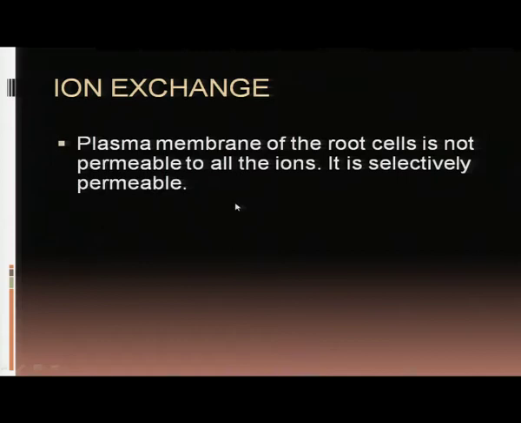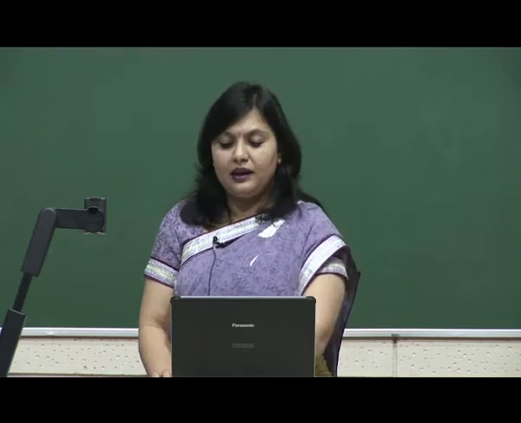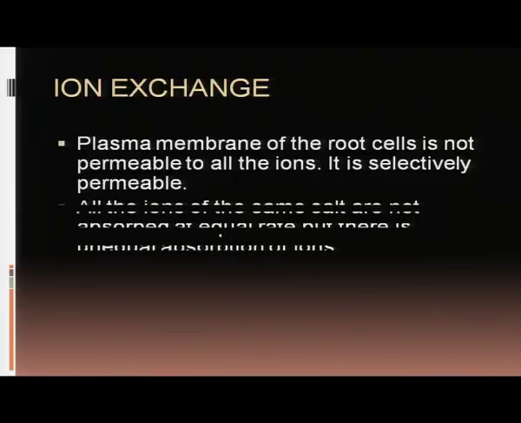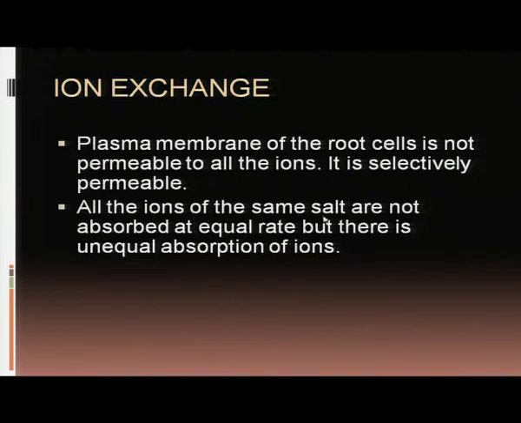This is true for all biological membranes: they are not permeable to all substances, they allow some to pass through and inhibit others from coming across. All the ions of the same salt are also not absorbed at an equal rate, but there is unequal absorption of ions. Some ions will be absorbed rapidly, while others cannot diffuse so easily.